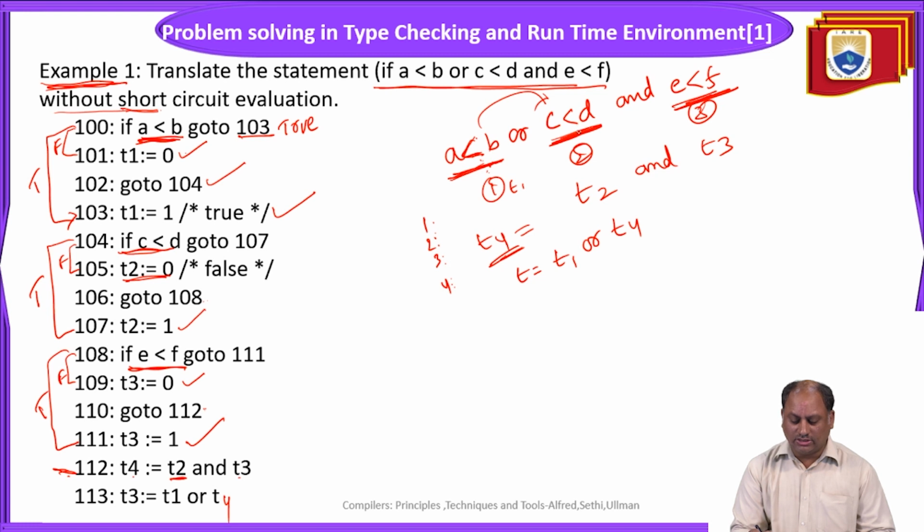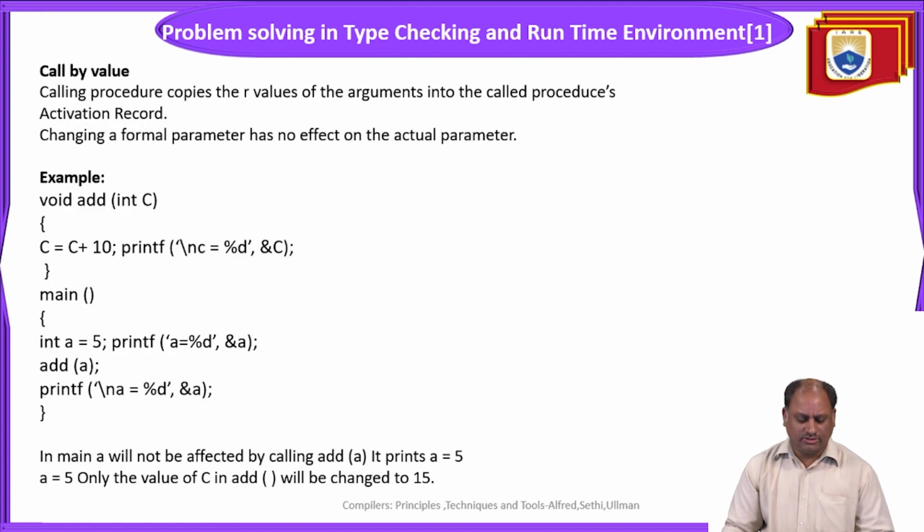Once again, if the condition is true, assign true; if false, move to another step where the condition is checked, true, T equal to 1, false, then go to another step. Here, the performance of T2 and T3 is verified, then T1 or T4, and finally the result is stored in T. So, like this we can evaluate this expression with the help of translations.